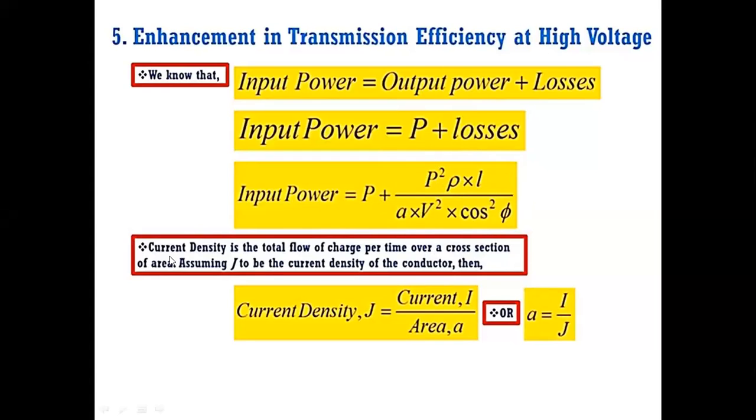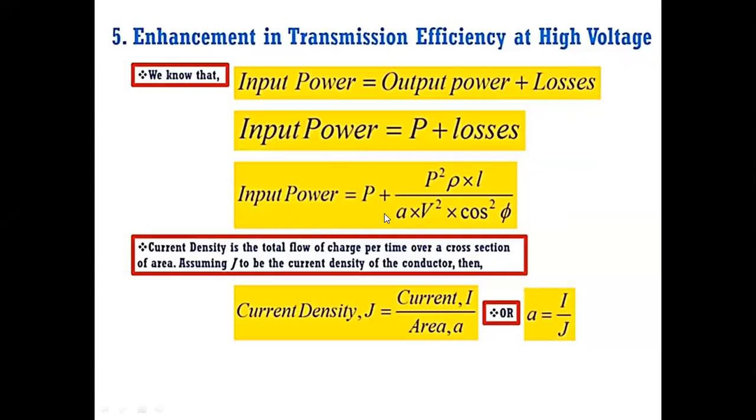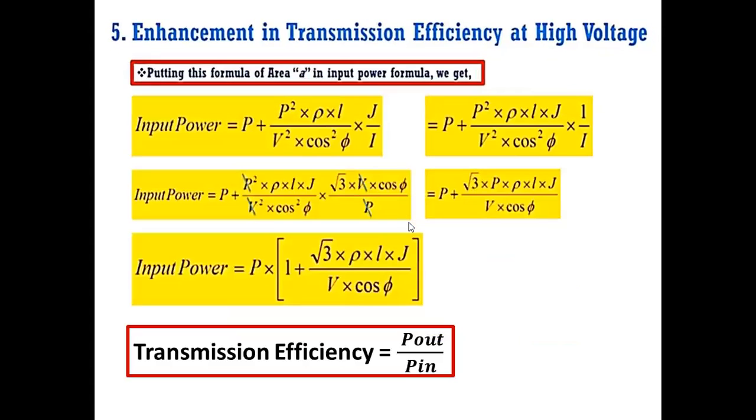variables. Okay, so the current density, the current flowing through a unit area, is represented by J. So from this we have A is equal to I over J. So input power is equal to P plus this, replacing the value of A over here.